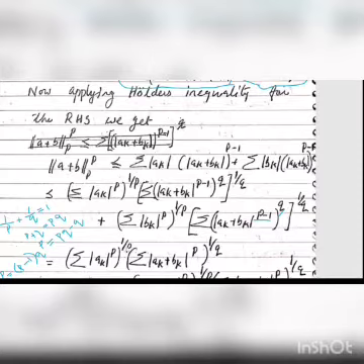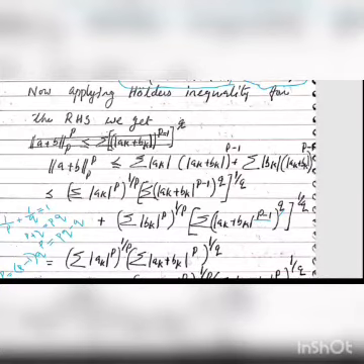So my inequality will become: the norm of a plus b with p norm is less than or equal to sigma mod ak raised to p whole thing raised to 1 by p into sigma mod ak plus bk raised to p. You know that a raised to m raised to n is a raised to mn form.